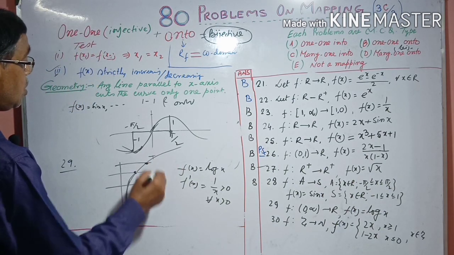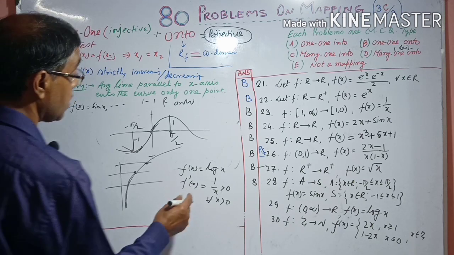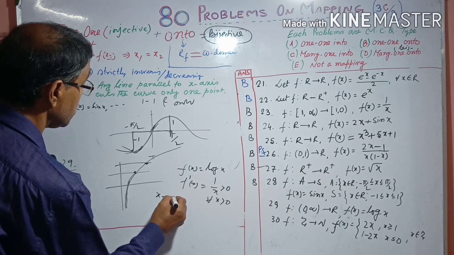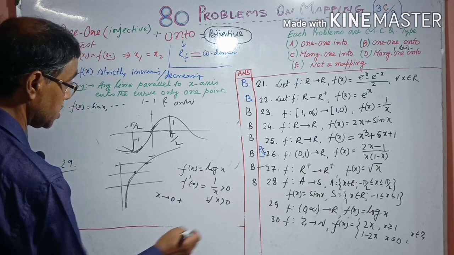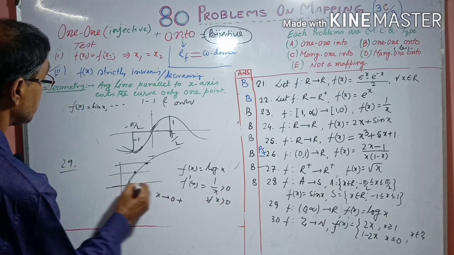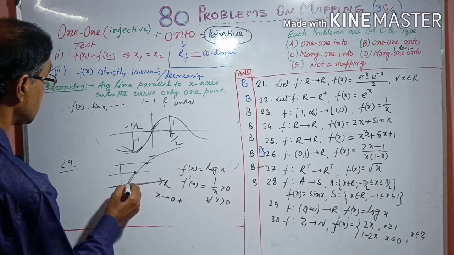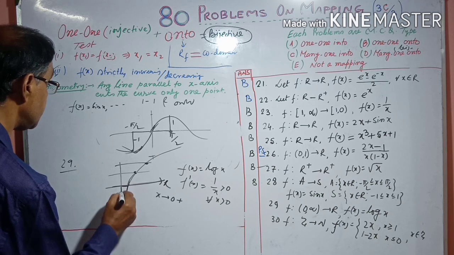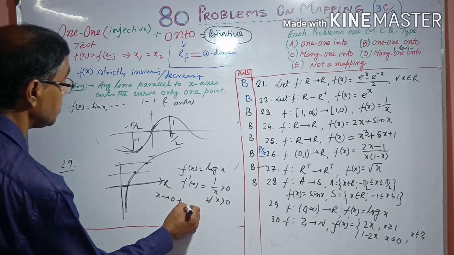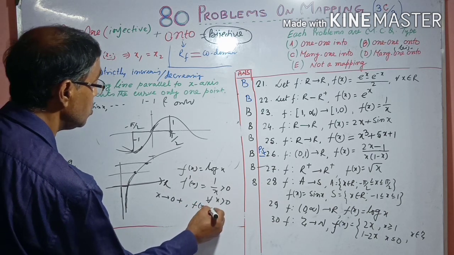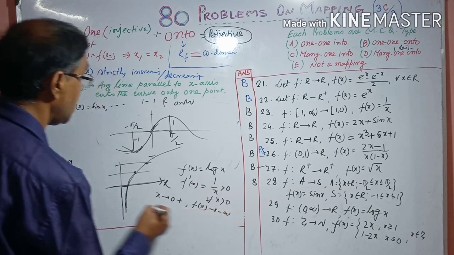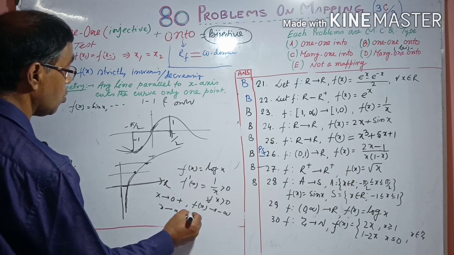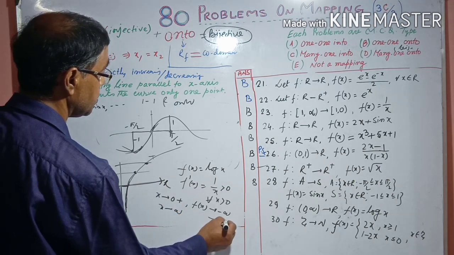For the onto case, this is the x axis, as x tends to 0 plus, the function tends to minus infinity. f(x) equal to log x tends to minus infinity, and as x tends to infinity, f(x) also tends to infinity.